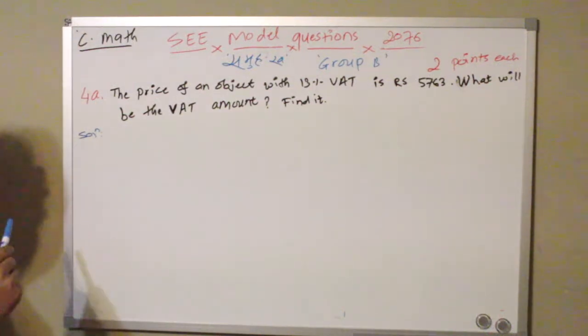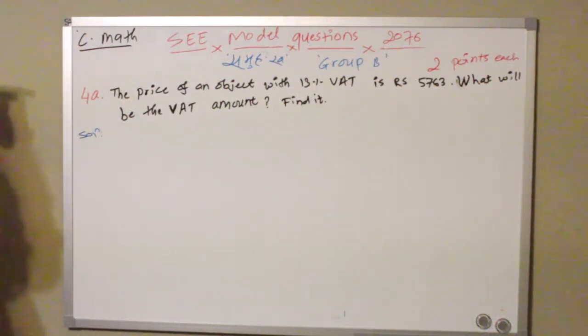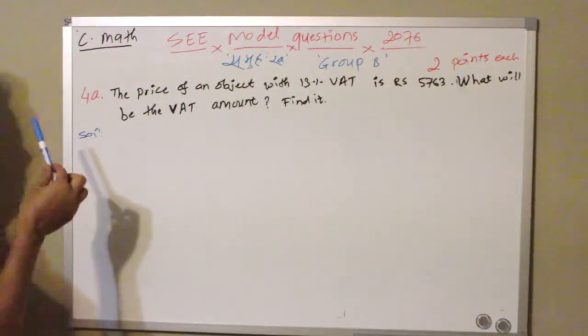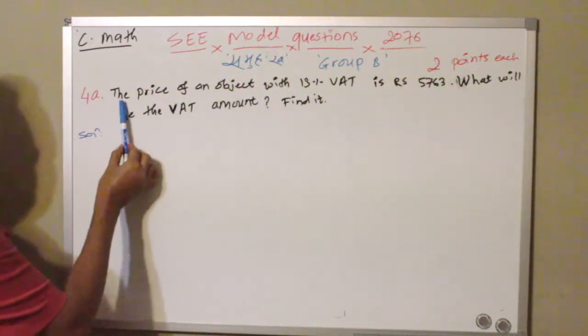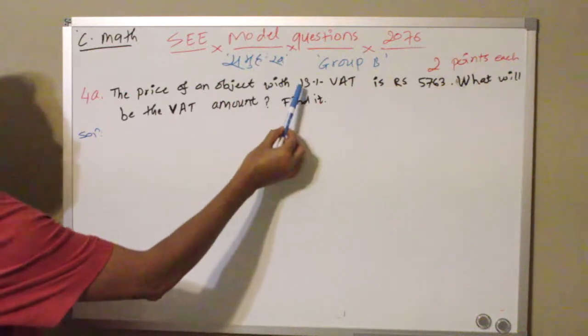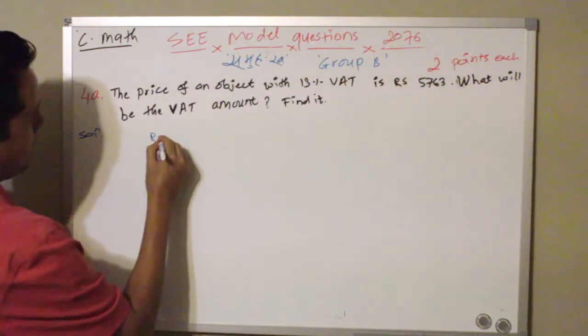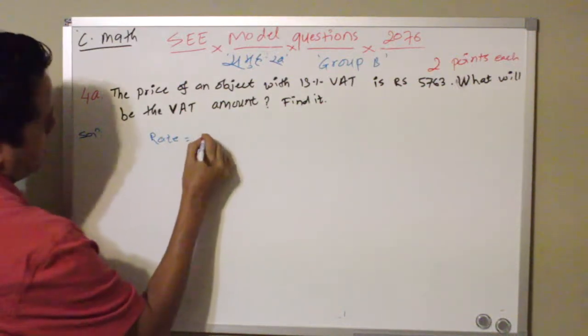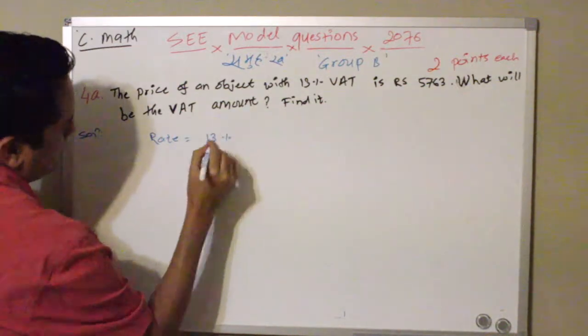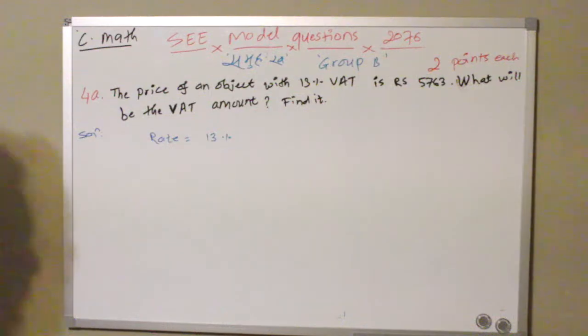So let's read out the questions, right? Okay, the price of an object with a 13% VAT. We have the VAT rate, right? So our rate of VAT is 13%. We have been given the rate, R is 13%.